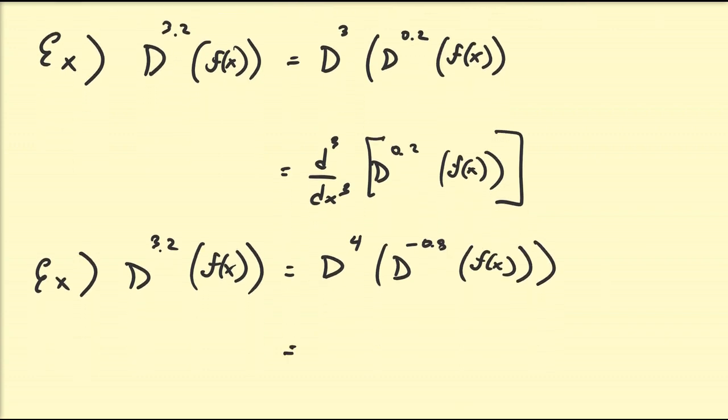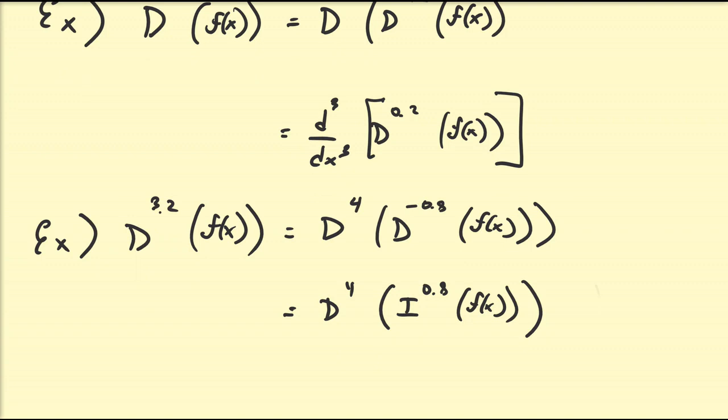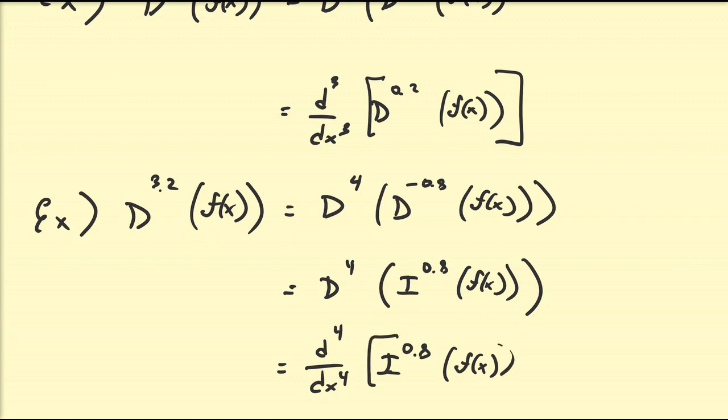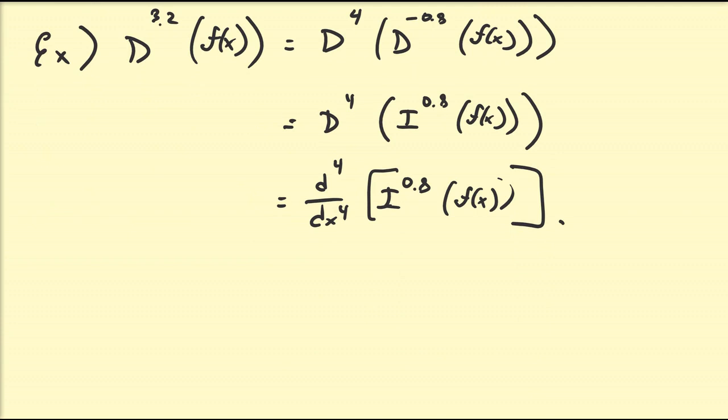So this is equivalent to writing D^4 of I^0.8 of f(x). So this is, say, the Riemann-Liouville integral of f(x), and D^4 is just a classical derivative of order 4. So this is the fourth derivative with respect to x of the Riemann-Liouville integral of order 0.8 of f(x). So that gives us those two alternatives.